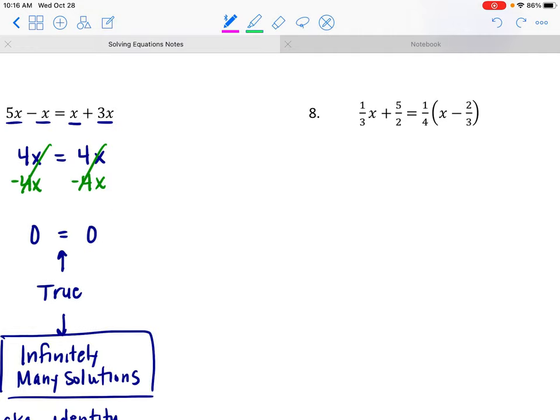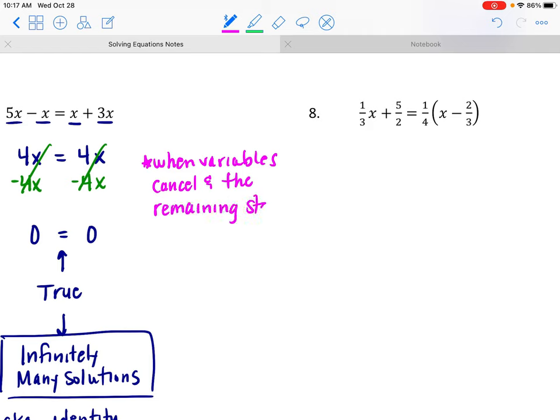If not, just like in the last one, when the variables cancel, and the remaining statement is true, like it is here, then there are infinitely many solutions every time.